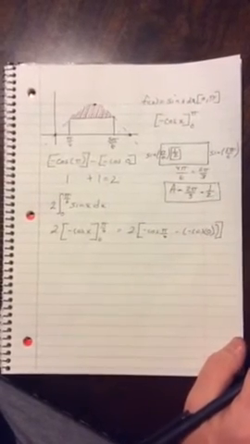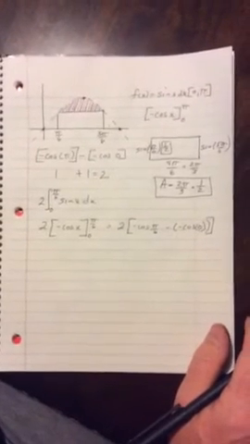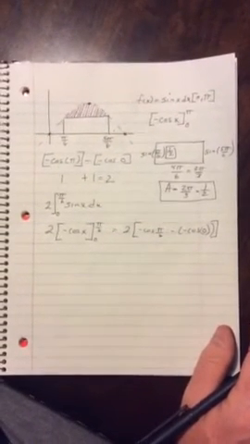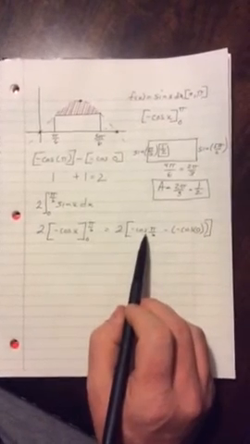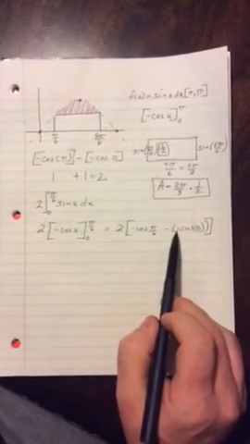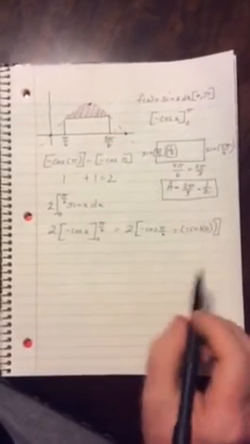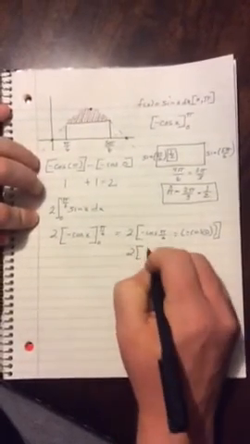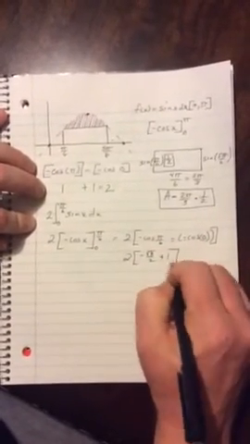Cosine of pi over 6, I believe, is the square root of 3 over 2, so negative square root of 3 over 2. And then this is 1, this is negative 1, so this is a positive 1. So this ends up with 2 times negative root 3 over 2 plus 1.